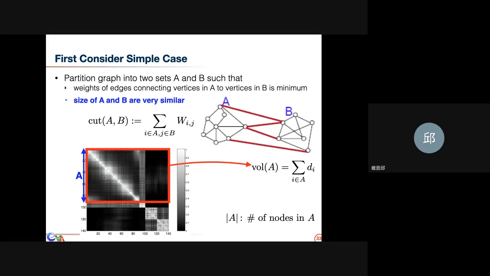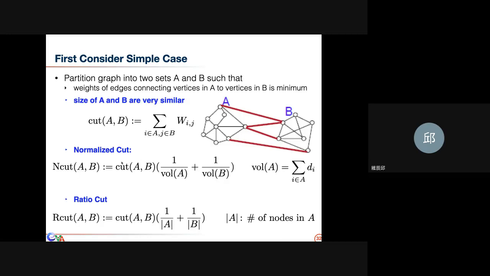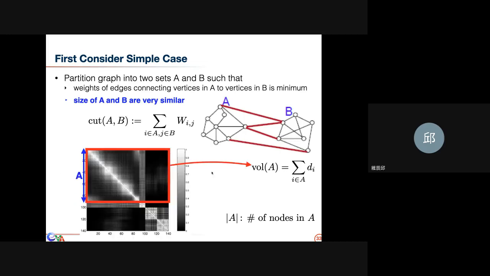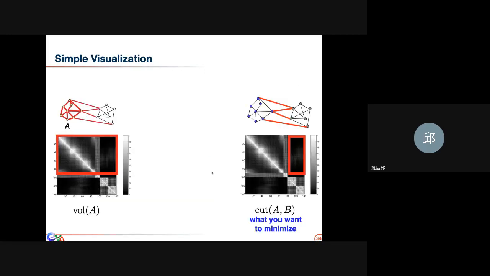So you can see here, in this normalized cut, you have the cut cost AB, and you have this term related to volume A and volume B. No matter for the cut cost AB or the volume A and volume B, they can all be mapped into specific regions of the similarity matrix, and I'm going to show you that.